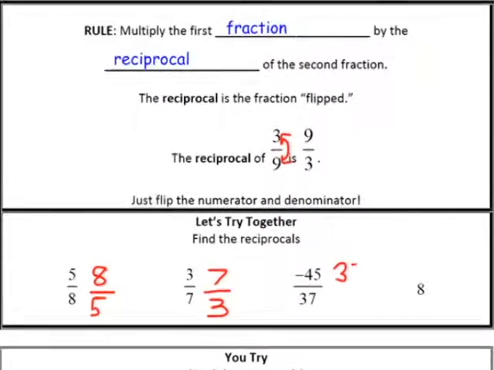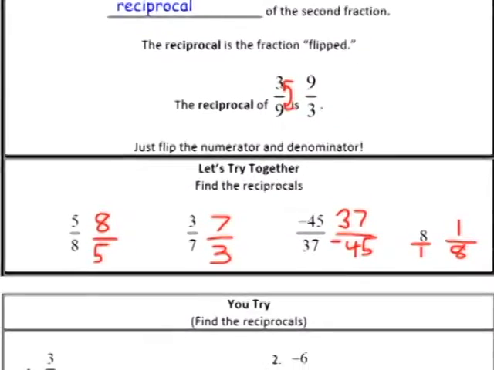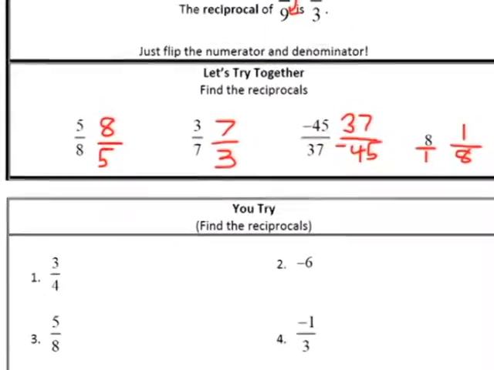Now, we talked about how whole numbers can be written as anything over 1. So that means the reciprocal of a whole number is 1 over that whole number. Give 1 through 4 a try, pause, and come right back. All right, here we go. 3/4 should be 4/3.